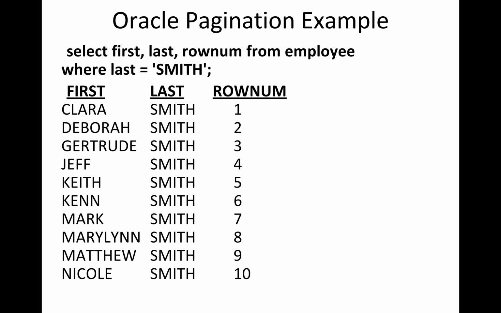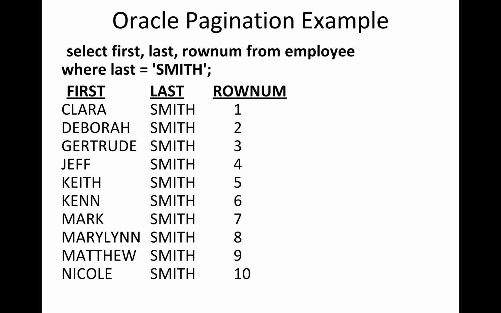So for instance, here's an example of a query where we're retrieving all employees whose last name is Smith. Once this query computes, Oracle calculates this virtual field with each record, such as ROWNUM 1, 2, 3 all the way through 10.